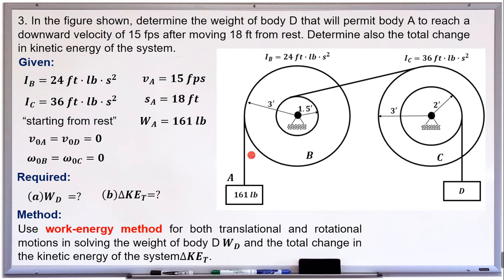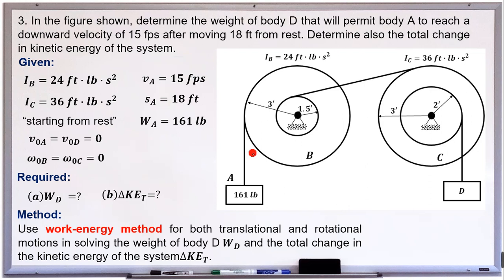Same goes with the velocity. You are going to relate the linear velocity in translation to the angular velocity in rotation. Those are the additional formulas that are also needed in the work energy method. But don't worry, because those additional formulas are also part of the Newtonian method, that is the force inertia method.